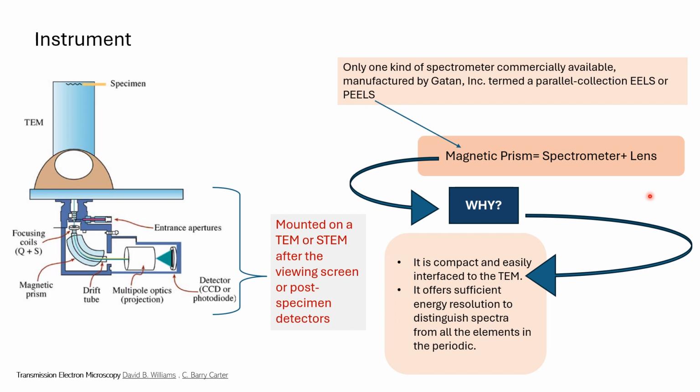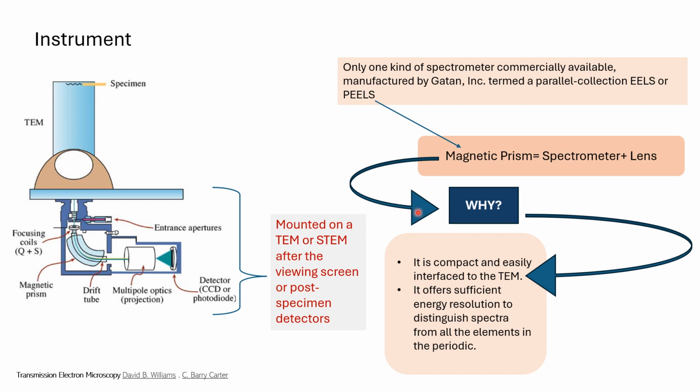Because the electrons suffering the same energy loss but traveling in both on-axis and off-axis directions are brought back to the focus in the dispersion plane of the spectrometer. So actually this magnetic prism is also acting like a lens. That's why it is said that the magnetic prism acts both as the spectrometer and the lens.